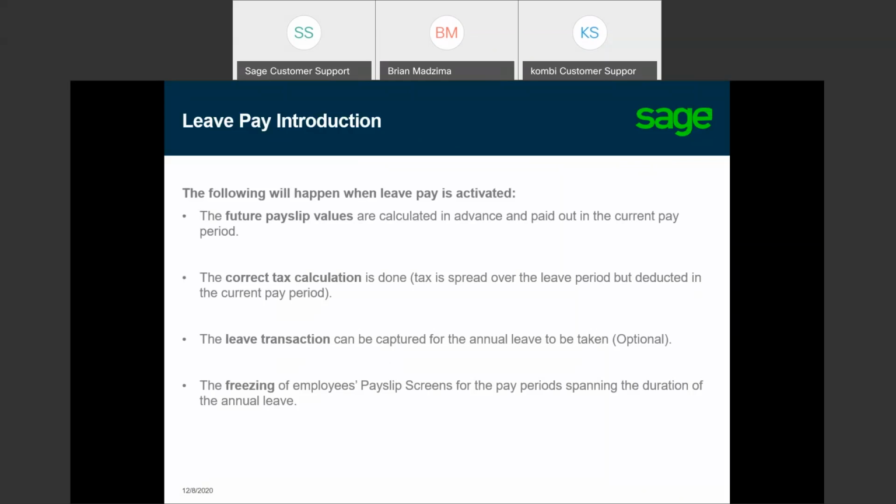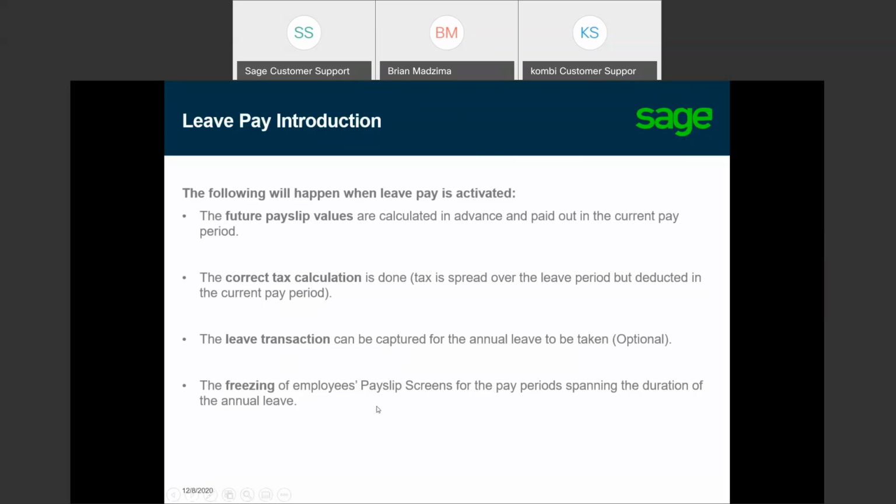So that means that the tax is then spread over the Leave Pay periods, but deducted in your current period. What can also take place when you activate Leave Pay is that your leave transactions can be captured for the annual leave to be taken as well. But this is, however, optional on the system.